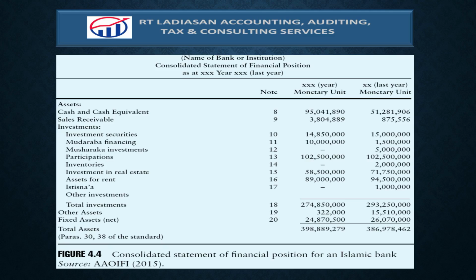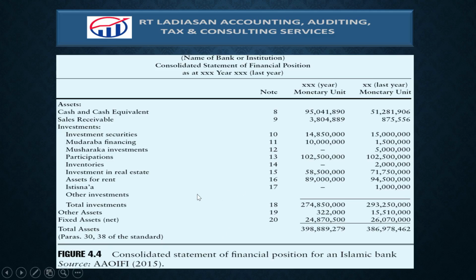But in both ways, the two formats conform with the accounting standards insofar as AAOIFI is concerned. And normally, these are also the two formats we can see insofar as compliance with US GAAP or IFRS.